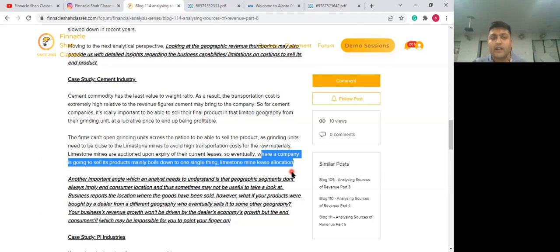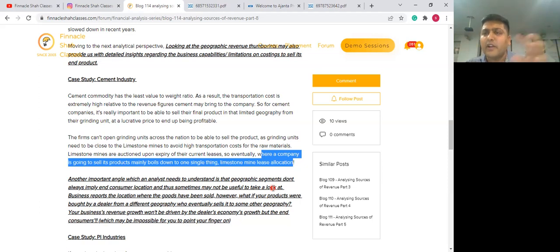Another very good angle to take a look at is that not always will the geographical data provided in the annual report be useful to you. Do you know why? One such wonderful example is PI Industries. Before we move to PI Industries, let me explain. Just think about how a business would be sourcing this information.